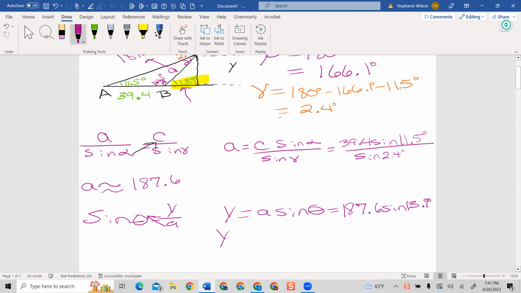Then I type it in my calculator, 187.6 sine 13.9. Make sure you're in degrees mode when you're doing this. I get 45 feet as the height, and that was the answer. Okay, let's move on to the next one.